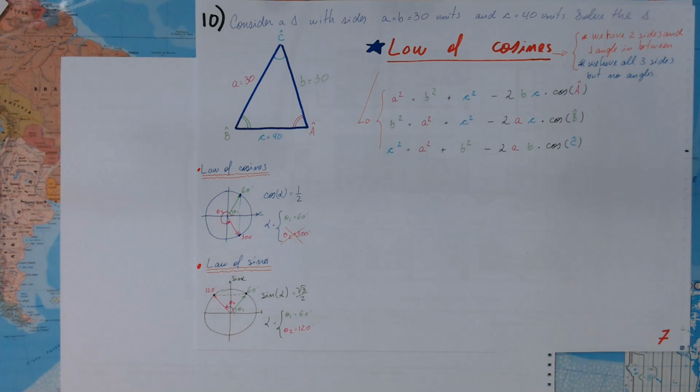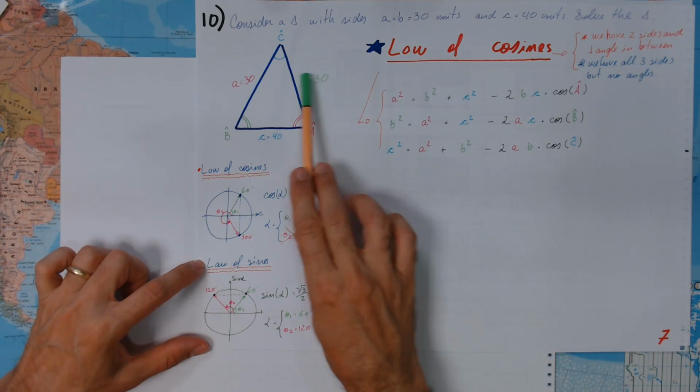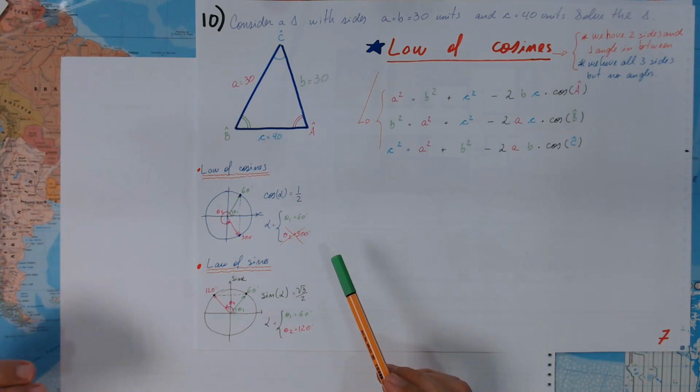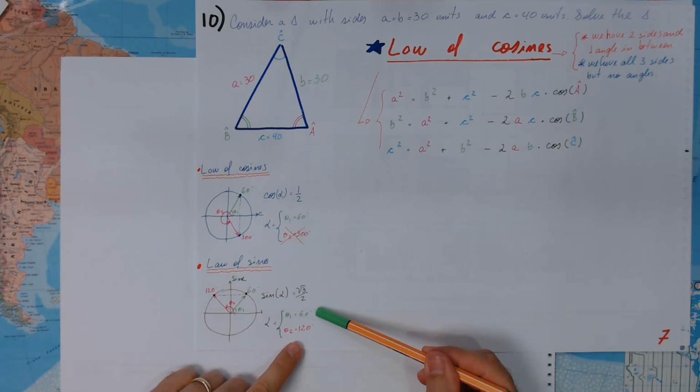If you're just using the law of sines to get the sides, the lengths, don't worry about it. But if you're using the law of sines to calculate angles, be careful, because one of the angles might not be this one, it might be this one.